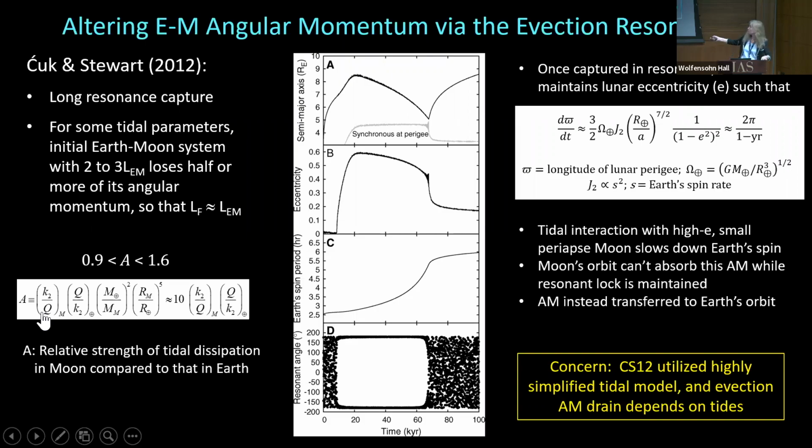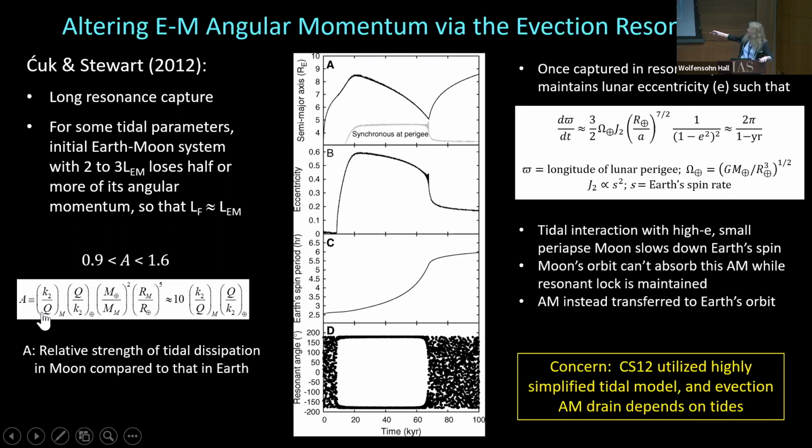Once it's captured into evection, then as the semi-major axis is increased due to tides, the resonance increases the eccentricity of the lunar orbit so as to maintain the precession rate of 2 pi over a year, to maintain that resonance condition. When the eccentricity of the lunar orbit gets very high, tides raised in the moon start to become important and actually overwhelm the effect of the tides on the Earth that cause the moon's orbit to expand.